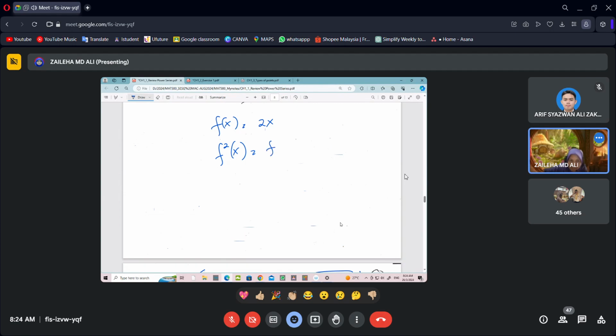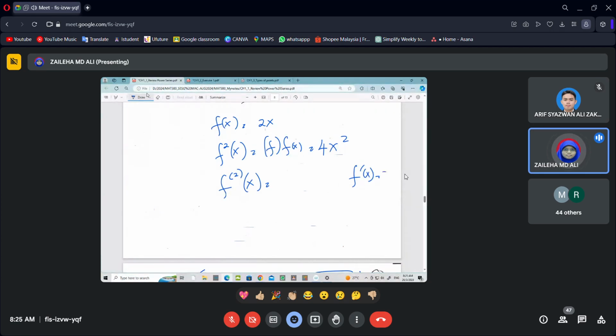It means my f times another f, right? So the answer will be 4x squared. If I have the second derivative, what is the answer? The first derivative is 2. The second derivative is zero. Who said zero just now? Derivative, do you see this? It is different. This one is equal to 2.